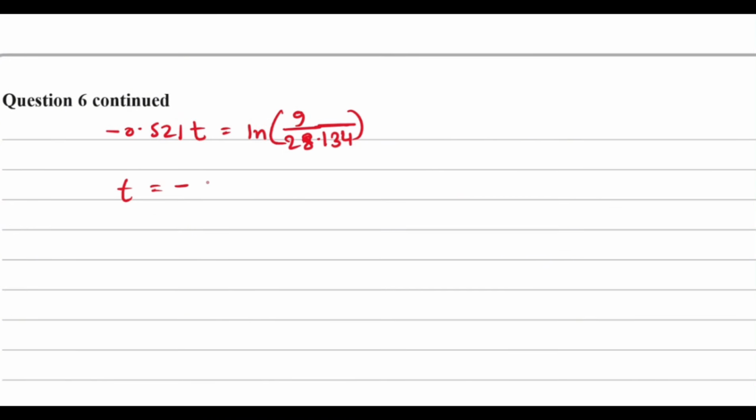So t is equal to minus 1 by 0.521 ln of 9 by 28.134.